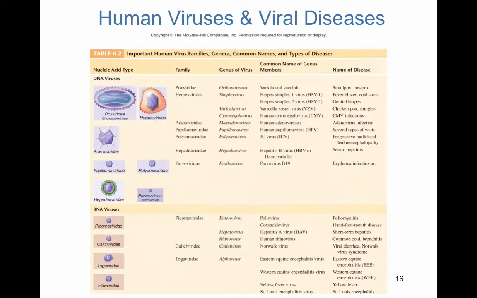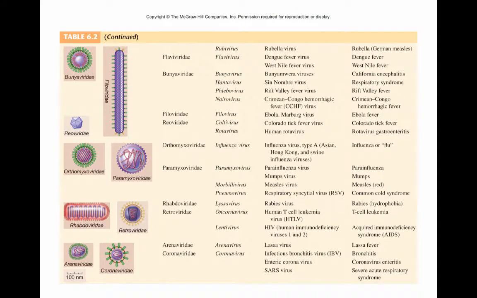Now, this is just to show you guys all of the different families that we know of, and you can just kind of breeze through this table. I'm not going to require that you guys know this stuff for the first exam, but I would just kind of breeze through to familiarize yourselves with some of the terminology here, because we will be going back to this stuff later in the semester.